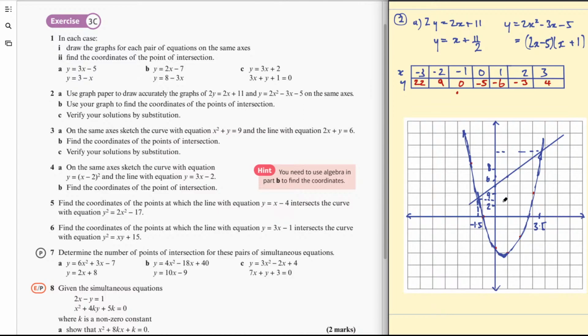Oh, this line is way off. I don't know why I've drawn it there. Oh yeah, no, sorry. The y-intercept is 5 and 2. I was thinking it was 11. So the line is correct. The quadratic, I believe, is correct.